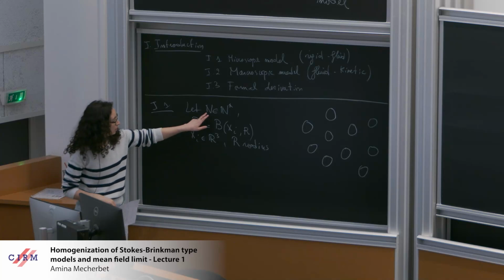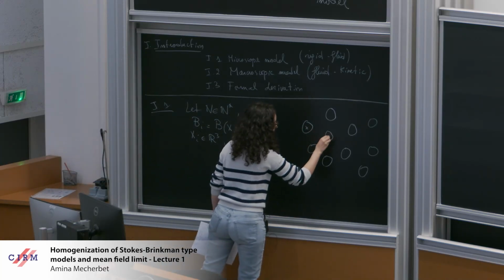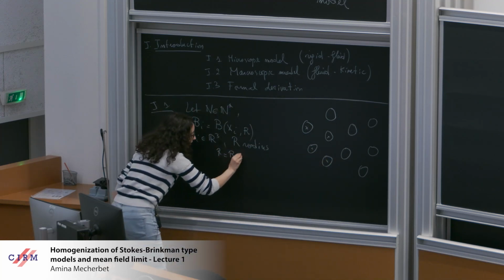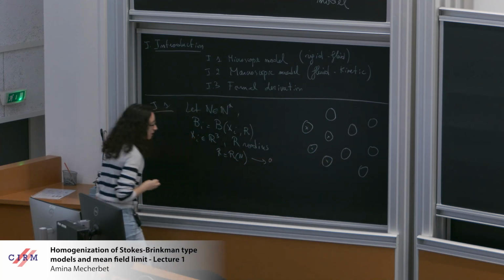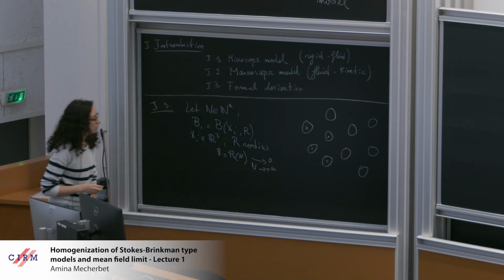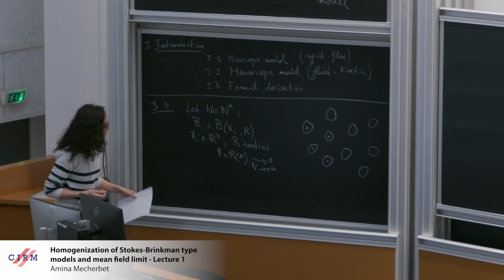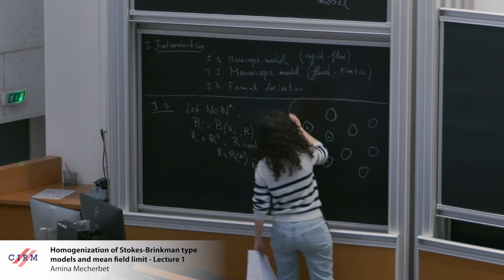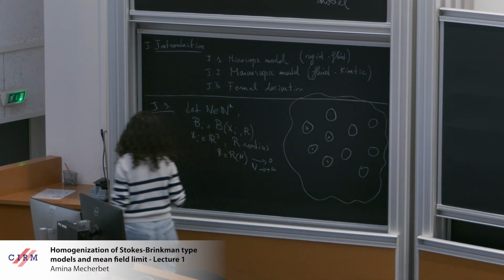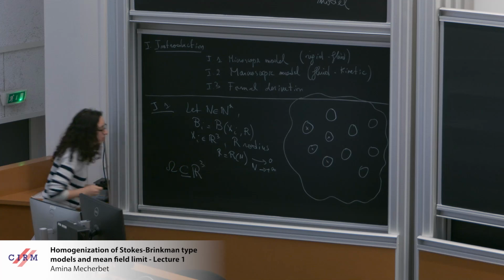So n will be large and the radius will be smaller, and I will specify the dependence between the radius and n later on. What you have to keep in mind is that r goes to 0 when n goes to infinity. Let's say that we are in a domain that I will call omega, which might be bounded or equal to the whole space.